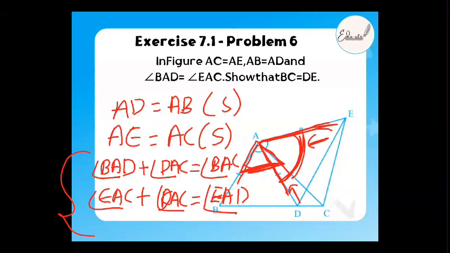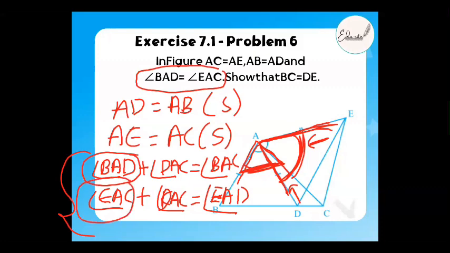Do you know angle? Here it is given that angle BAD is equal to angle EAC, correct? Yes. Where is it? It is here, right? Angle BAD is equal to angle EAC. So I'll clear the screen and mention it.